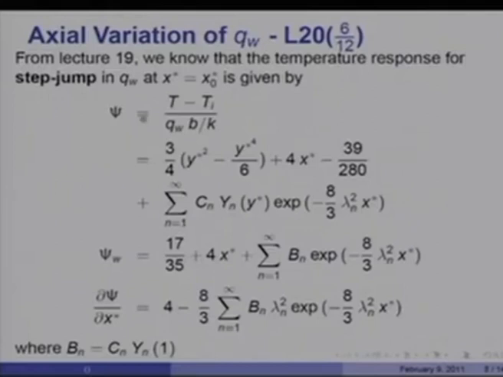Now, let us consider the case of axial variation of heat flux. Now, this is of considerable interest in nuclear reactors, as I will show a little later.